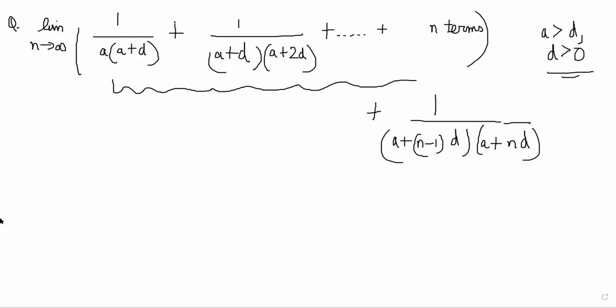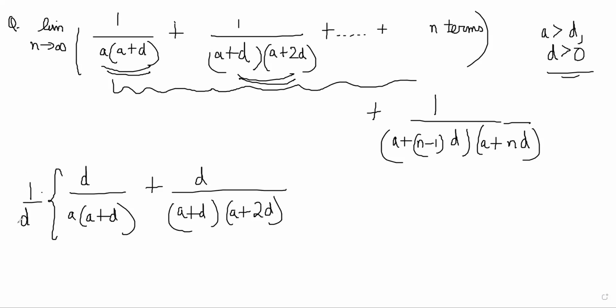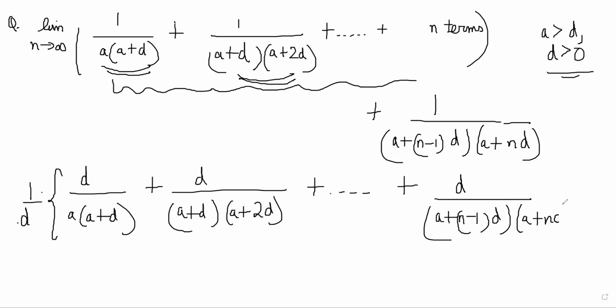So what I will do here is I will write 1 by d and everything I will multiply by d. Why? Because I noticed the difference of these two is d. Difference of these two is d. Every term I am multiplying by d. I have just put 1 by d and every fraction has a d on top now. So now it is very easy because I can write that d in terms of a plus d minus a.